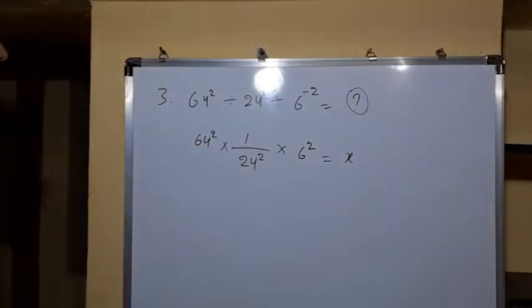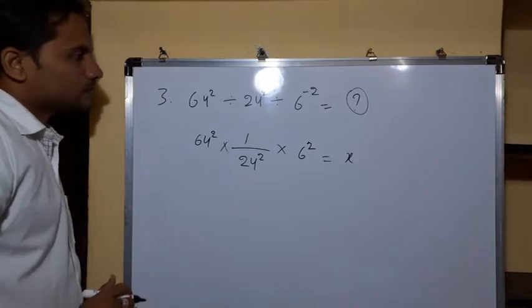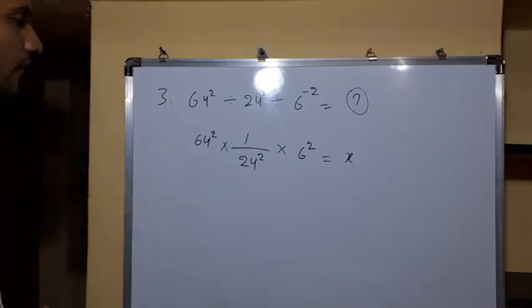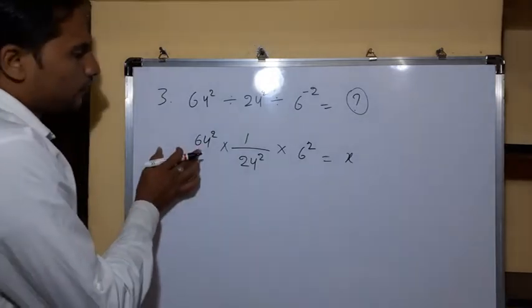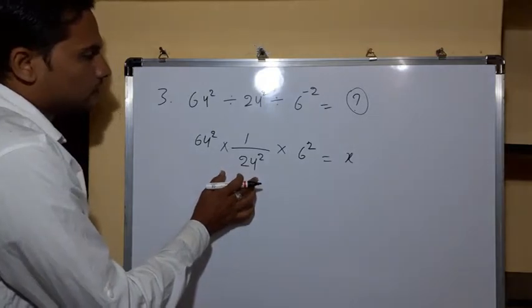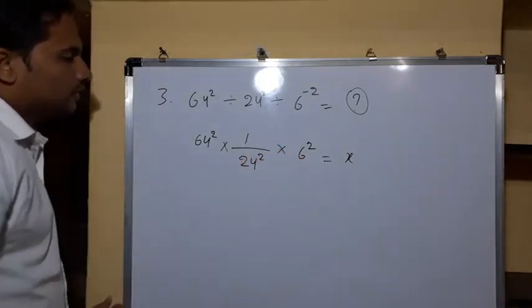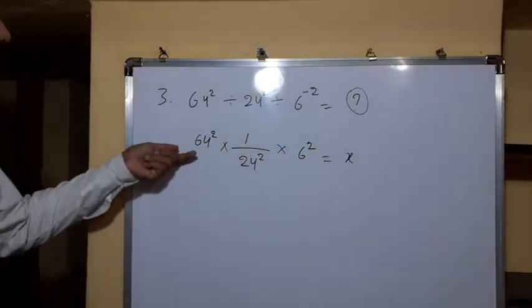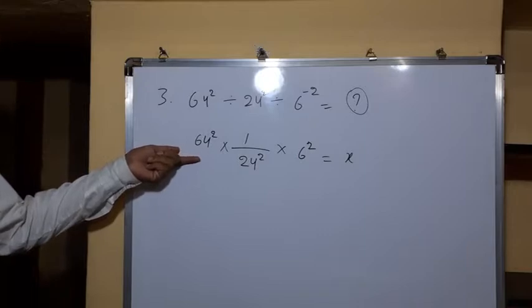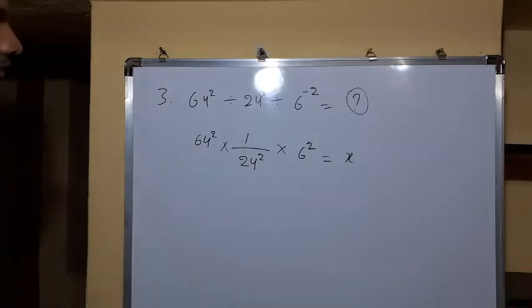That is unknown, right? Now try to simplify, friends. 64 square into 24 square, right? So can we split in terms of 4 here, right?